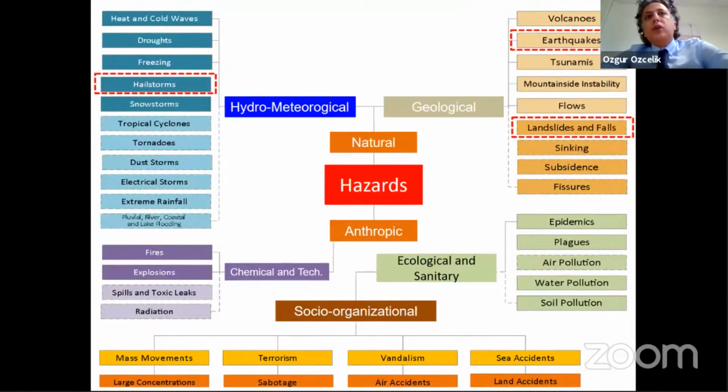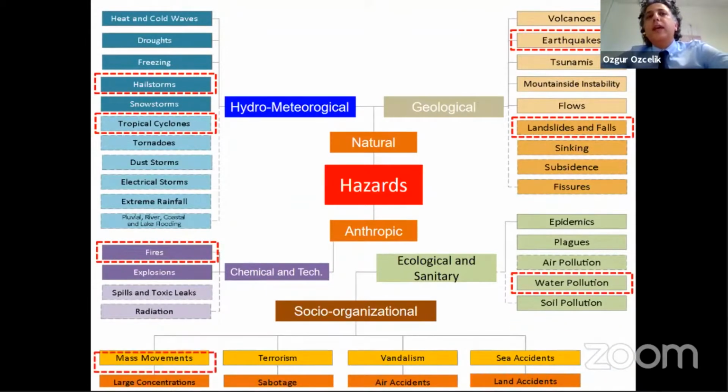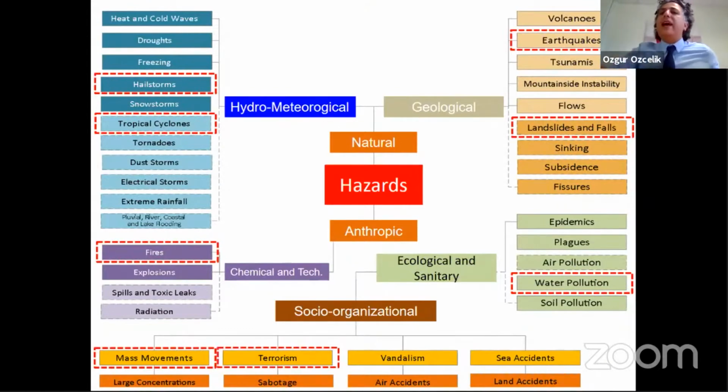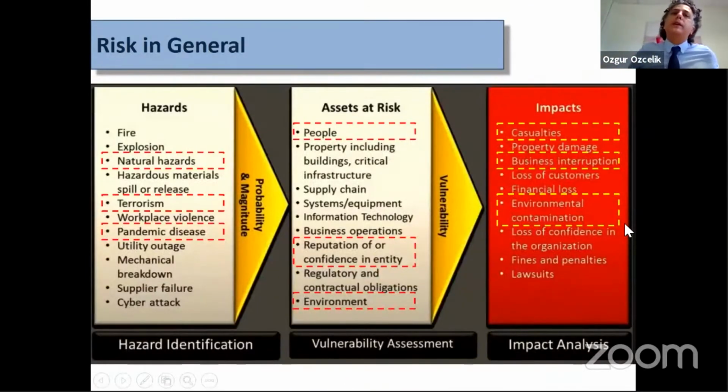On the hydrometeorological side, we have hailstorms, tropical cyclones, we have fires, we have ecological side, we have water pollution, and socio-organizational side, we have mass movements, terrorism, vandalism, and so on and so forth.